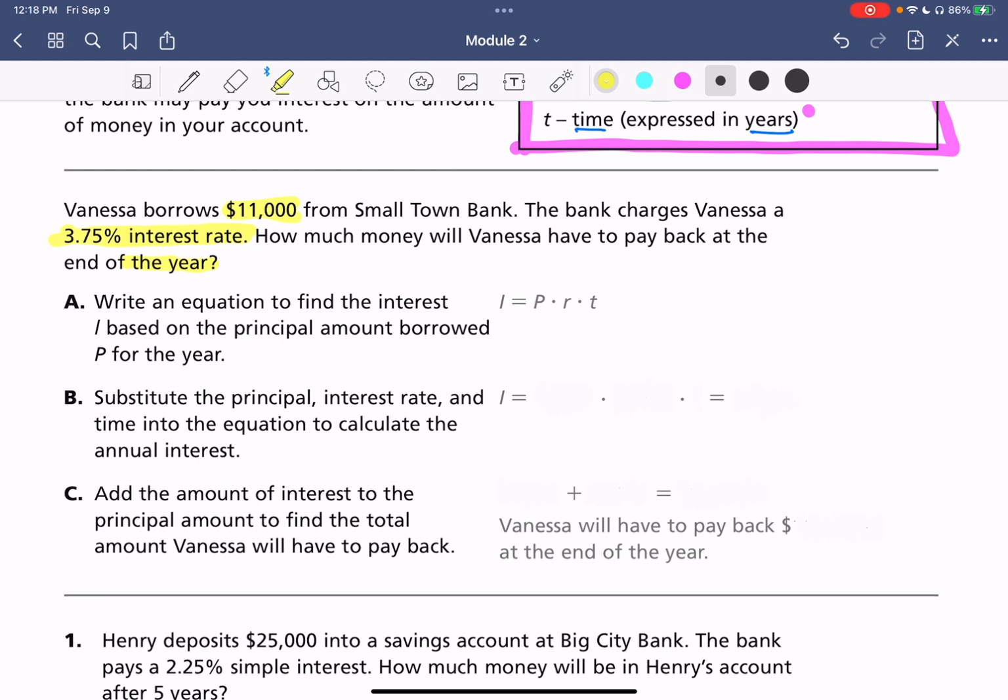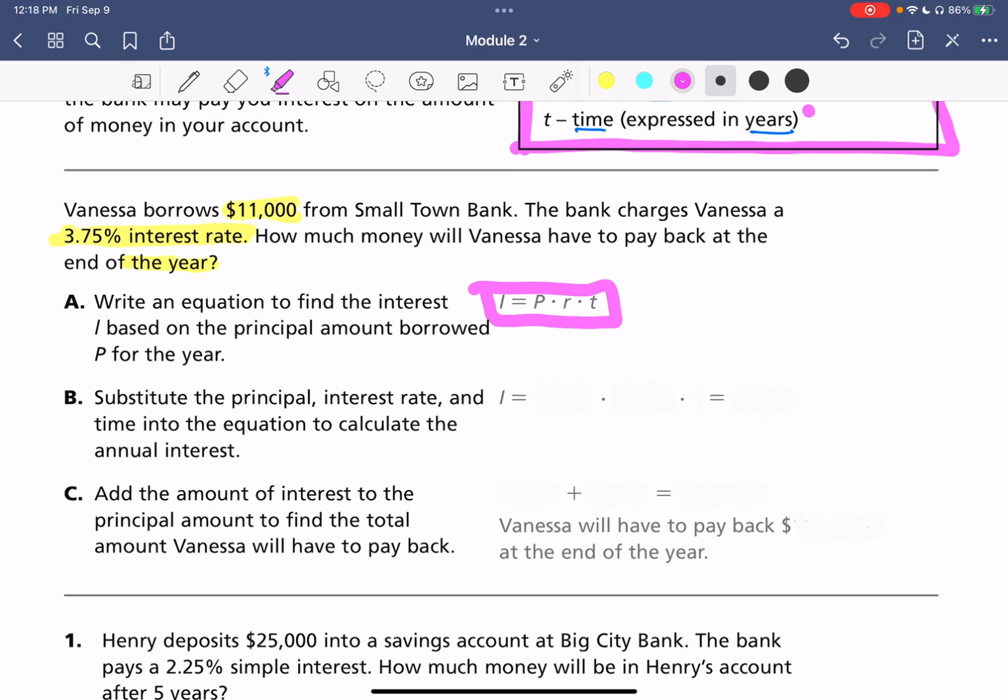So we're always starting with our equation, just like we had up in our box there. I equals PRT. And then we need to substitute the principal. So looking at our word problem, which one is going to be our principal? Our 11,000, our 3.75, or our 1 year?